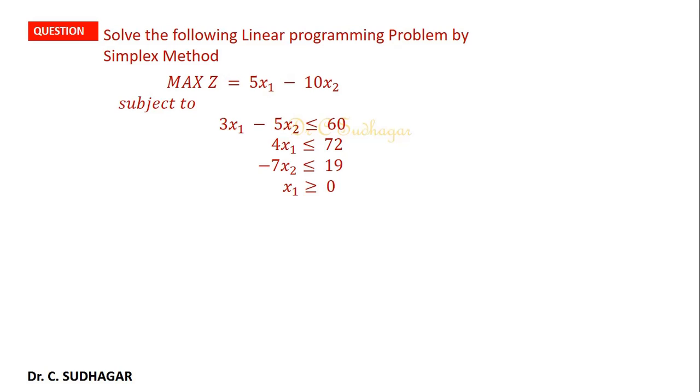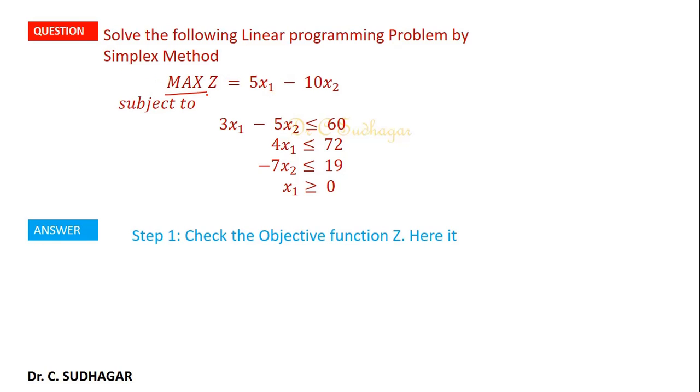Before we start solving the problem, let us check the conditions of the linear programming problem, whether it is in the standard form. First, we should check whether the function is maximum or not. Here it is maximum, so no change is required for the objective function.